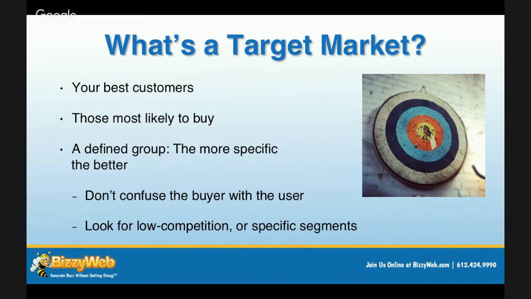Another word of caution inside of target marketing is not to confuse the buyer with the user. A lot of times when we're selling things, especially on the small to medium-sized business level, you're trying to reach specific people, but the person that makes the decision on if that product is going to be used might not be part of that subset.